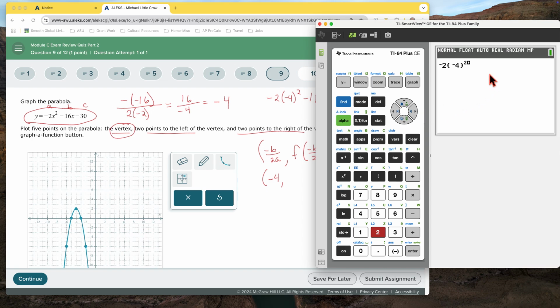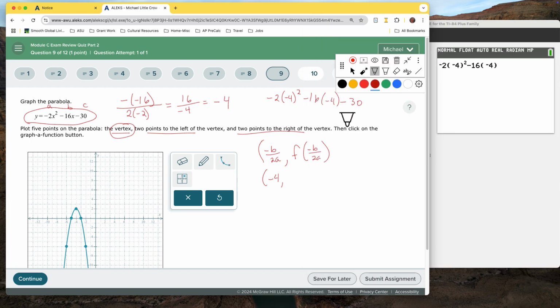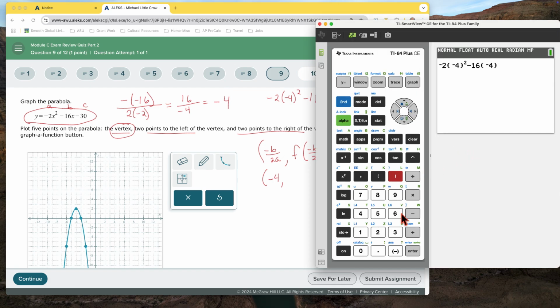Make sure you get those parentheses, because if you just do negative 4 squared without the parentheses, you'll make it negative 16 instead of positive 16. Subtract 16 times negative 4, and then minus 30. That's 2. So that's the same point we've got here, negative 4, 2.